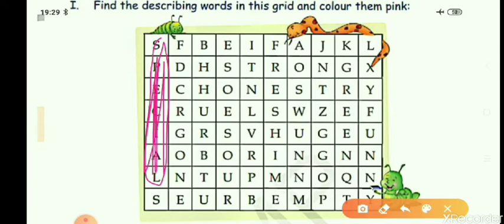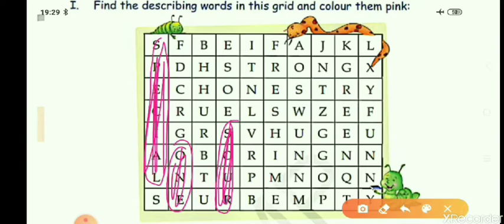Then the second word is one, here you can see it. Then in the third line, we don't have any word. Then in the fourth line, from up to down, it is sour. Then in the next line, we don't have any word.